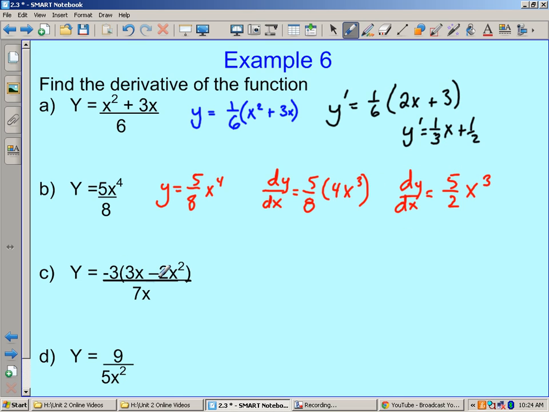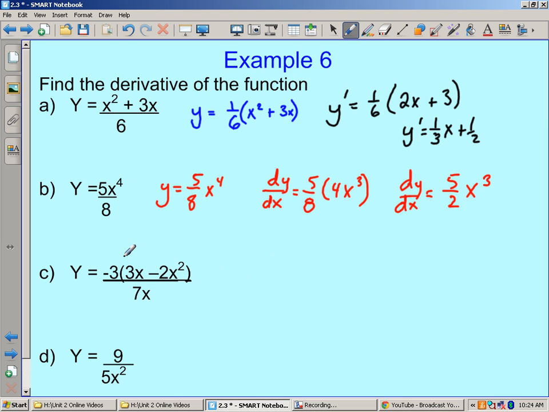Now when we look at something like this, you'll notice that I'm going to have to do a quotient rule on this. Or actually, I don't need to. I could do a quotient rule on it because I have an x on the top and the bottom. But since every term pretty much has an x in it, I can actually divide both of these terms by x, and it'll make my life a little bit easier.